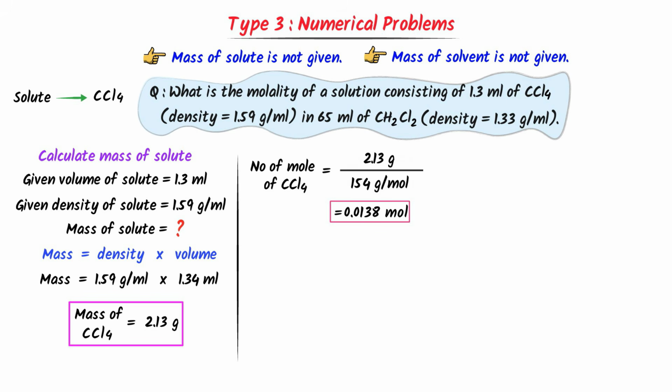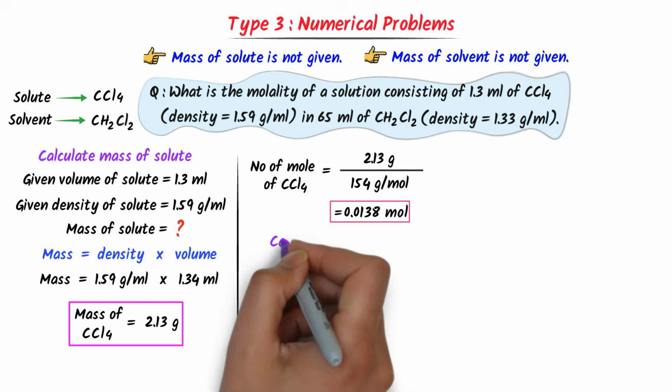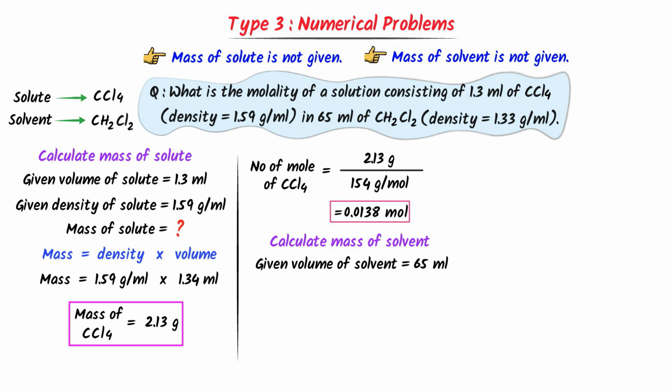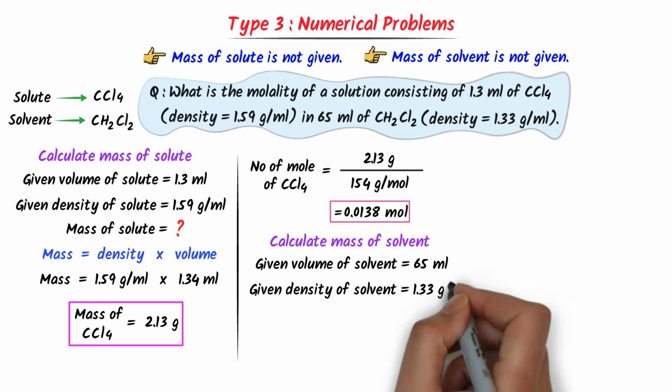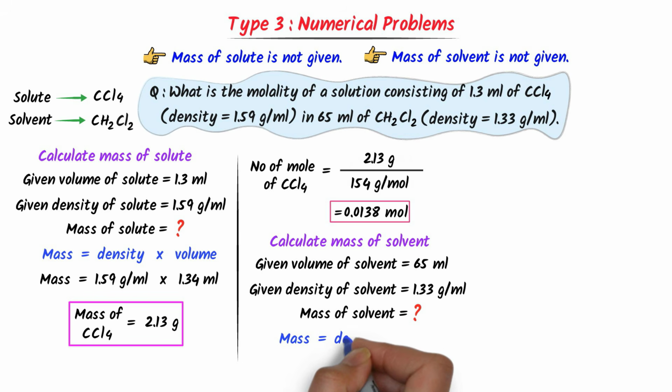Secondly, we know that the solvent is methylene dichloride. The given volume of methylene dichloride is 65 ml. The given density of methylene dichloride is 1.33 gram per milliliter. The mass of methylene dichloride is unknown. We know that mass is equal to density times volume.